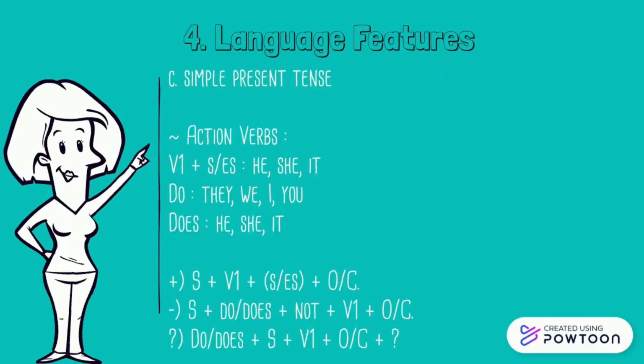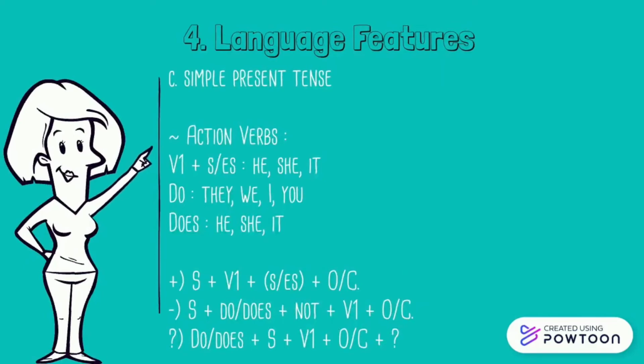For the positive form, you can put the subject in the beginning of the sentence and then you can add s or es if the subject is he or she or it, and then you can add the object or complement. While the negative form, you must put the subject first, followed by do or does and also not, and then you put the verb one, and the last one is object or complement.